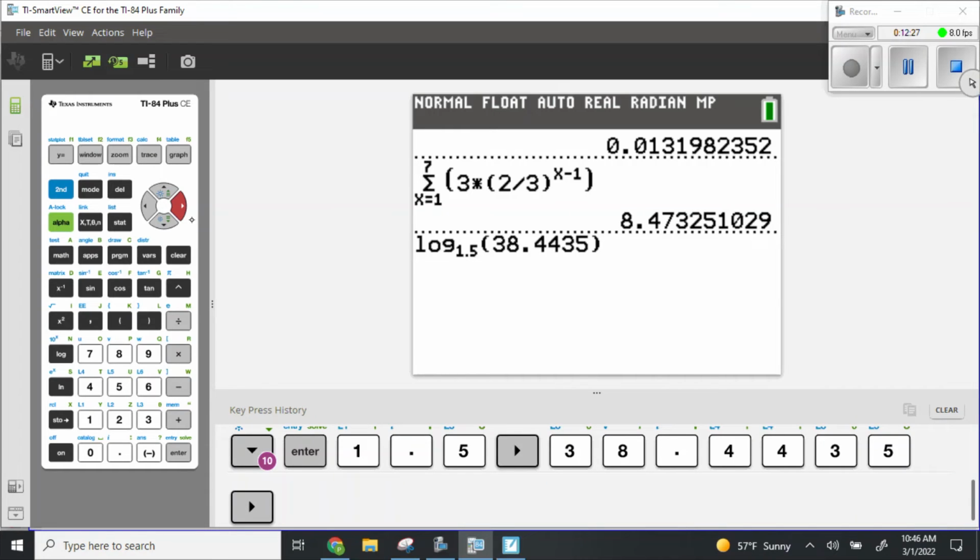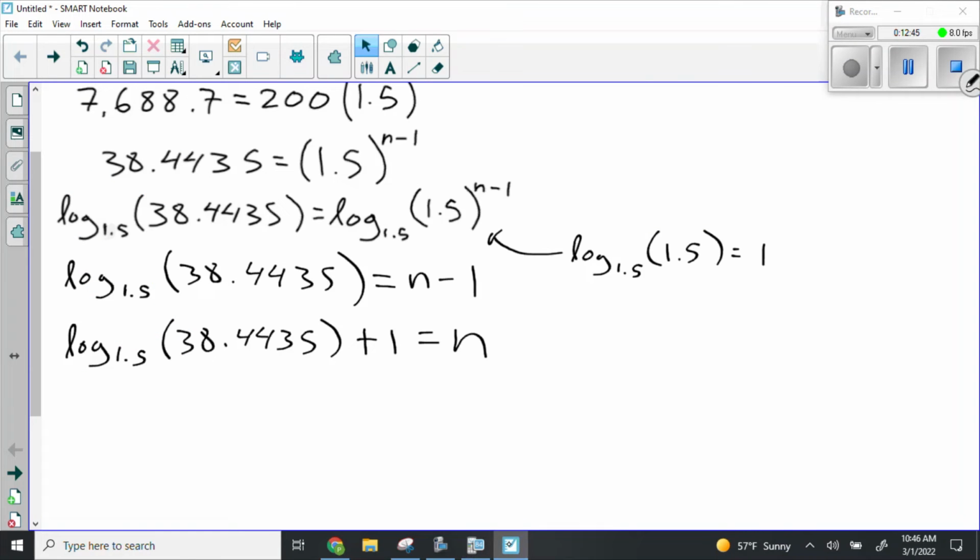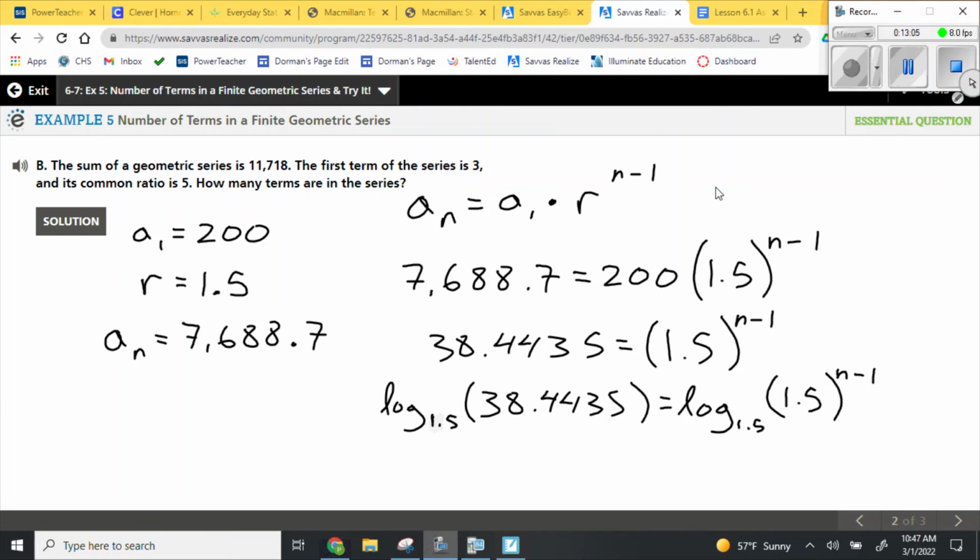Well, we got to add 1, right? And it looks to be the 10th term. So this is 10, basically. So we'll say that it is approximately the 10th term. All right, sweet. Let's try another one.